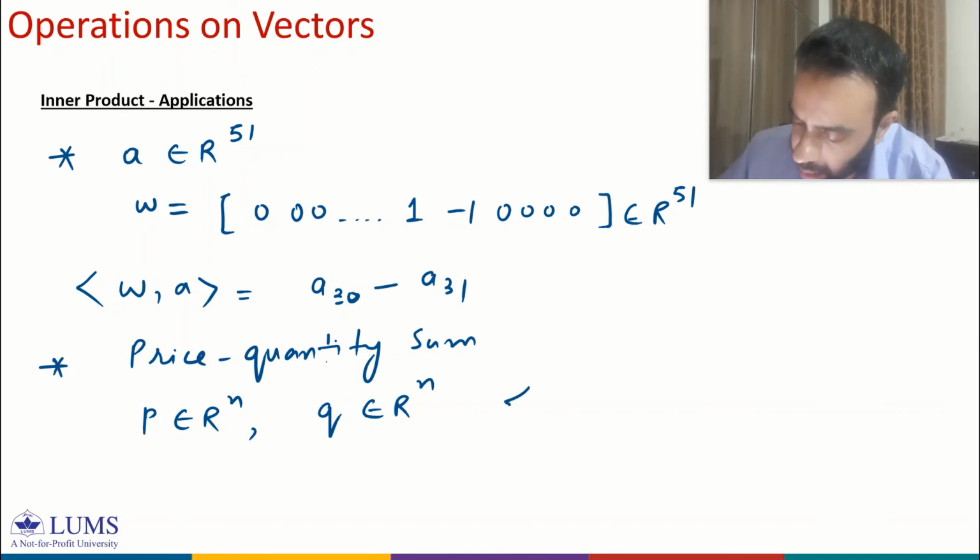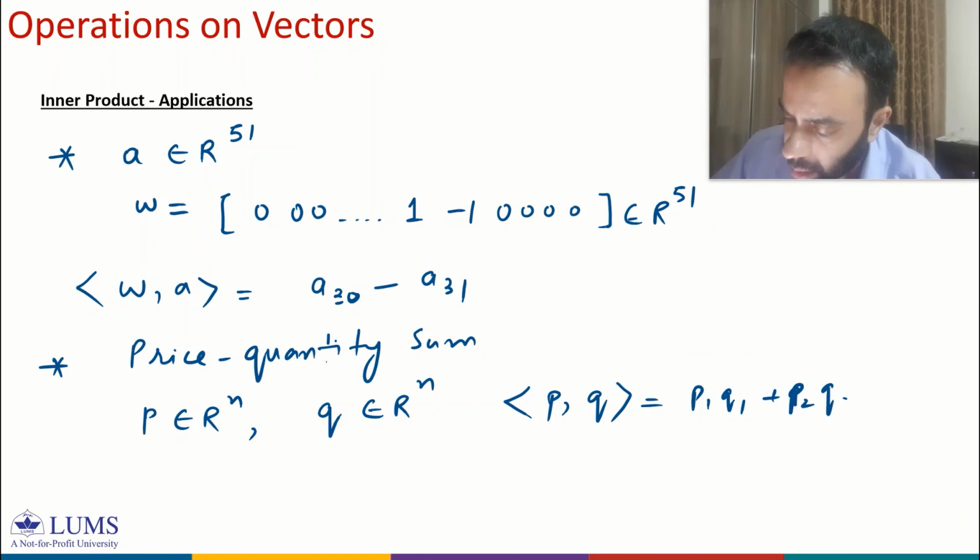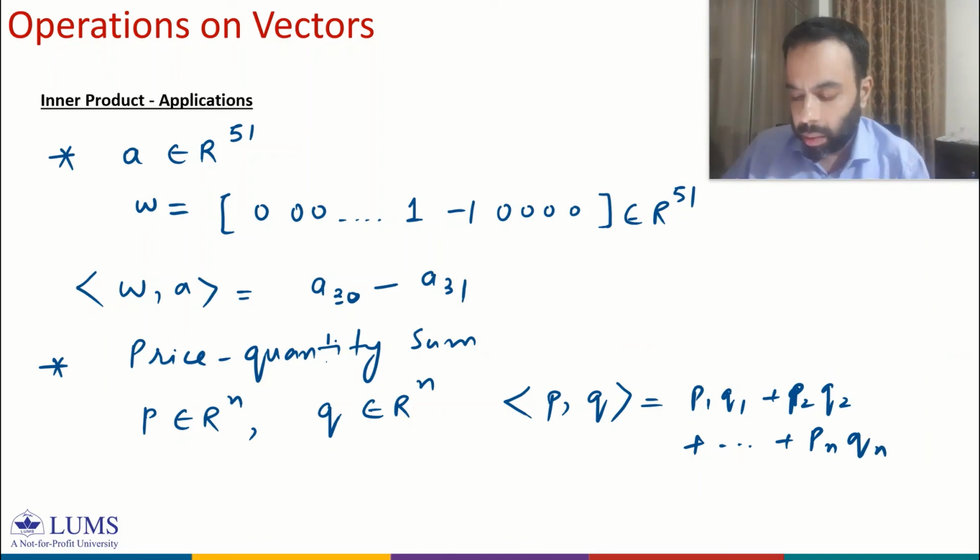When you take inner product of p and q, what you get is a price quantity sum, or the total price of the quantities you have, right? So that would be p1 q1 plus p2 q2 plus pn qn. This was just an illustration of inner product. So we stop here, and we will continue with more operations on vectors in the next module. Thank you very much.